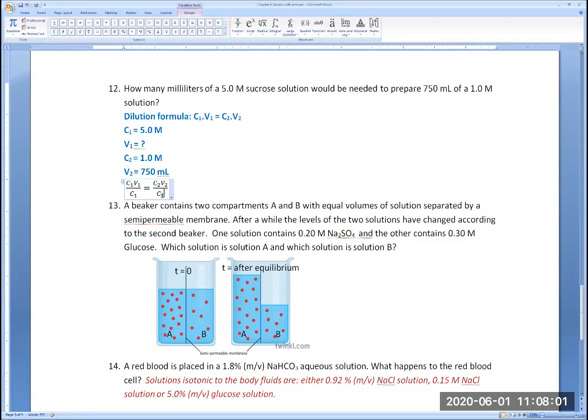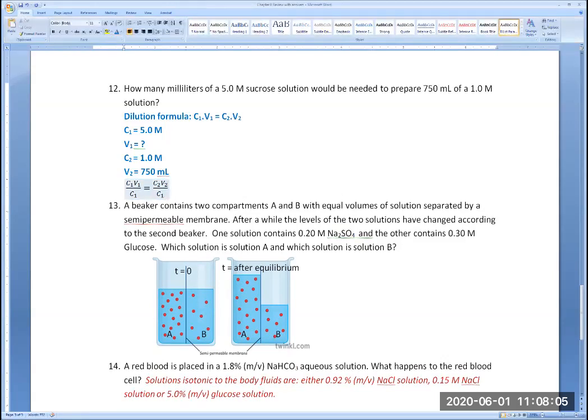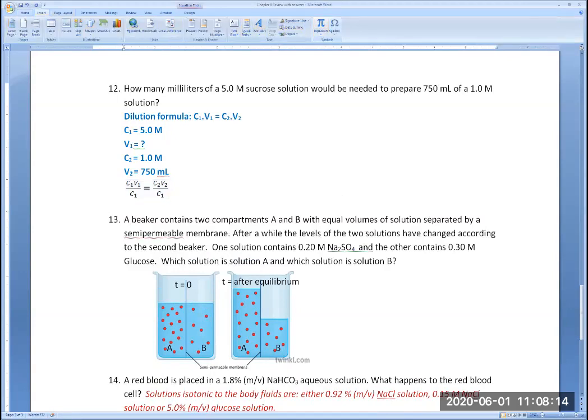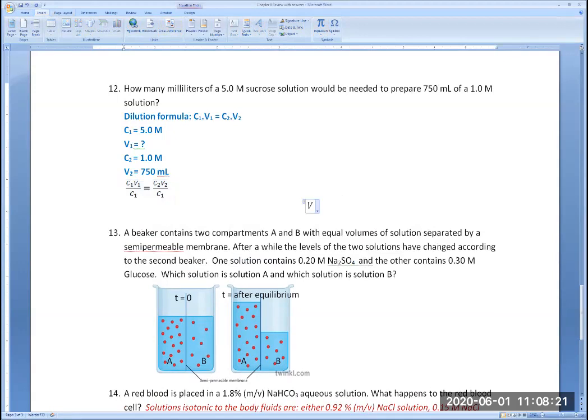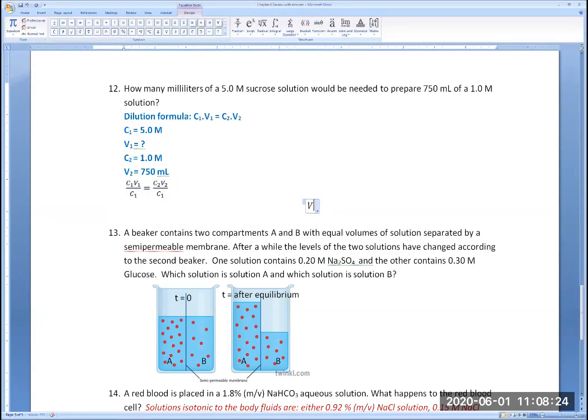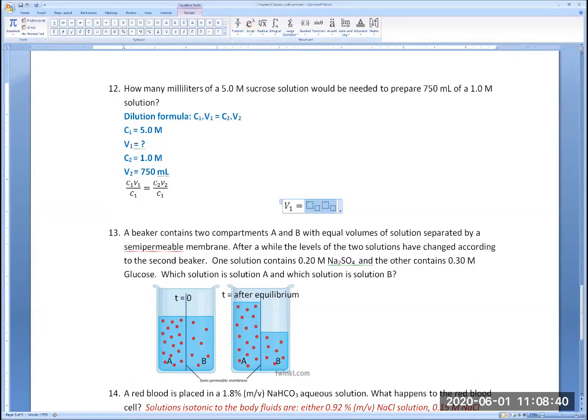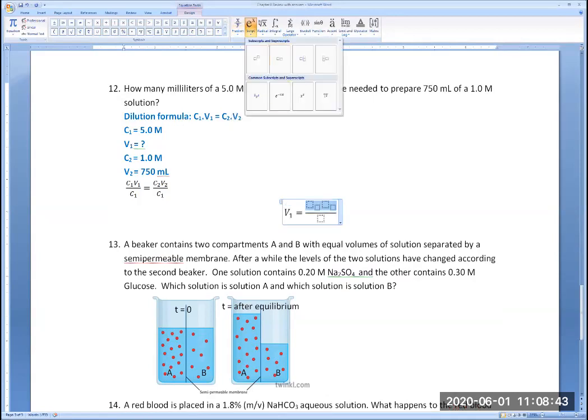And so when you are done with this, V1 equals C2 V2 divided by C1.